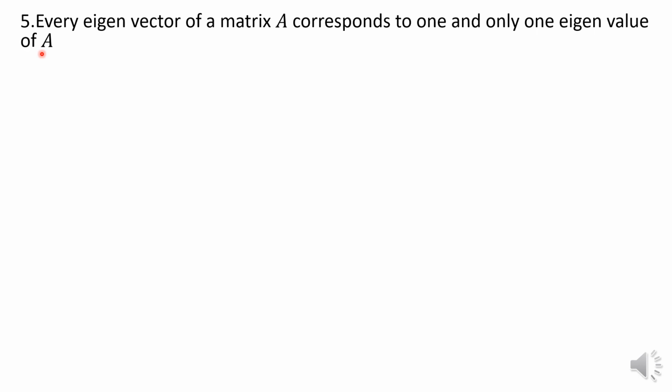You see, for an eigenvalue, we can find many eigenvectors. For example, if the eigenvalue is 1, it means eigenvectors are infinite. Eigenvectors are infinite, but the eigenvalue is unique. One and only one eigenvalue.